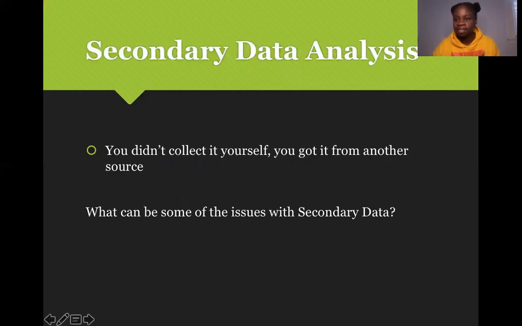Secondary data analysis, okay? This is data that you didn't collect yourself, you get it from another source. Okay, so an example of secondary data analysis, not that you guys were doing data analysis in high school, but when your teacher tells you to do a report on World War II, okay, you're using secondary data analysis. Think of some of the sources, think of some of the specific texts that you would use, right?